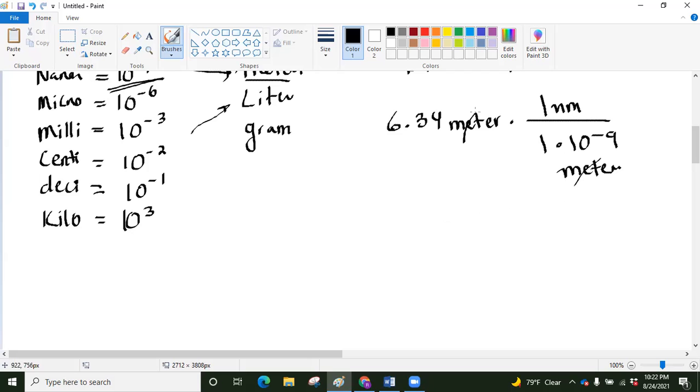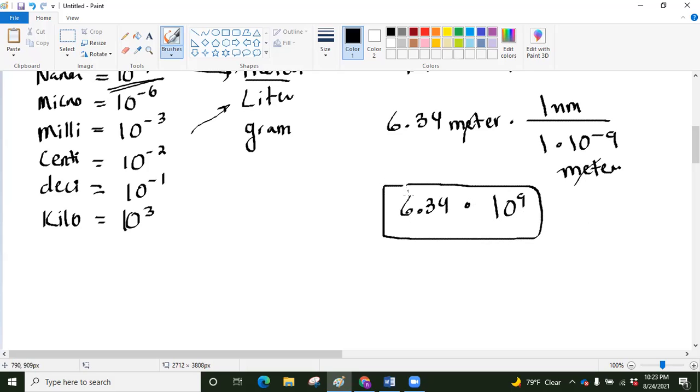So we have 6.34 times 1 over 10 to the power negative 9, which is 10 to the 9th. That's our scientific notation, and you can see the decimal has 1 non-zero number to the left, which is what we wanted.